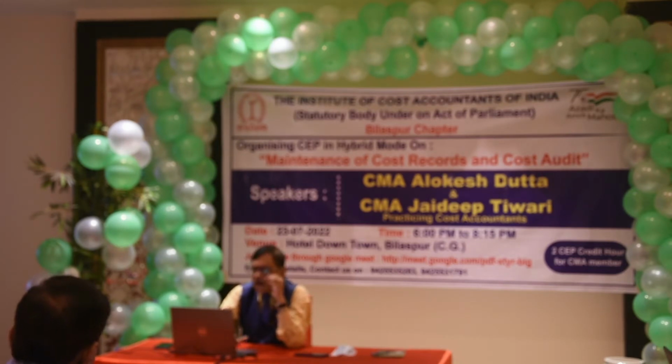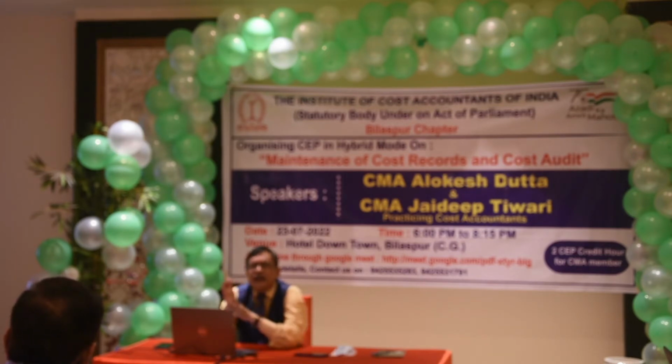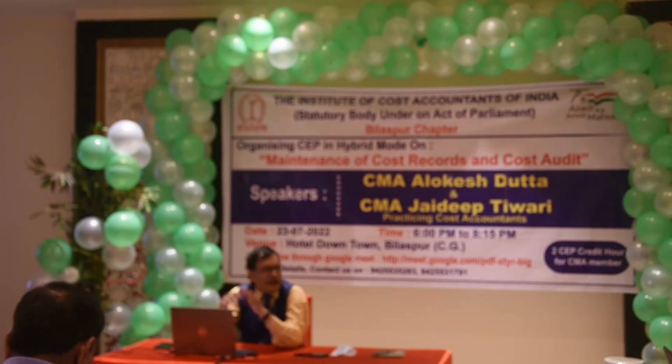D5. D5 is the related party transaction. Related party transaction means the party to whom arm's length distance is not maintained. That means a subsidiary company, or your company director is interested in another company, like this.